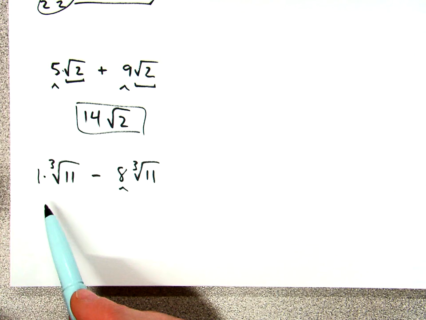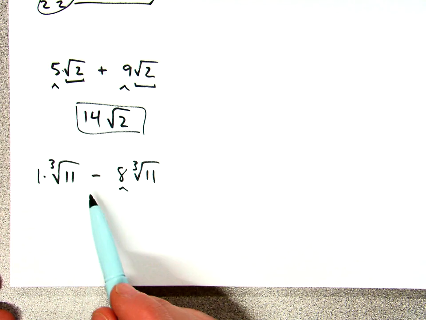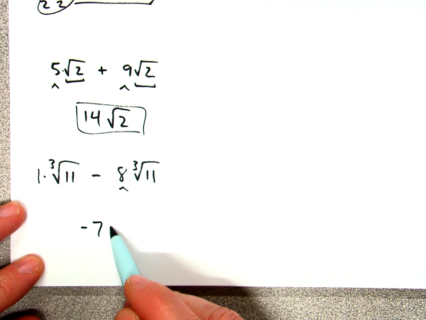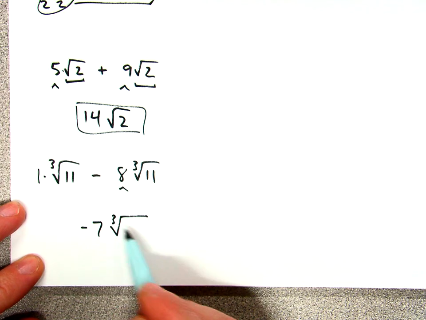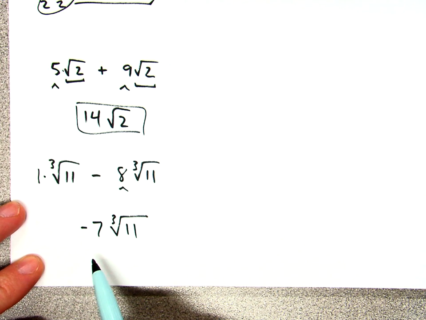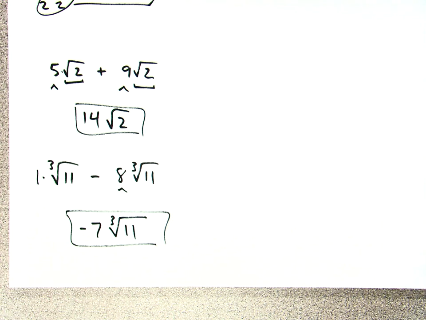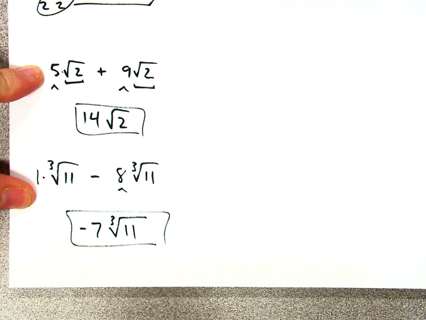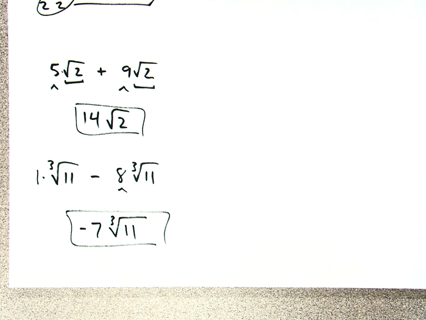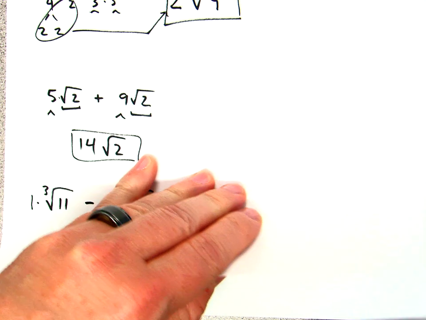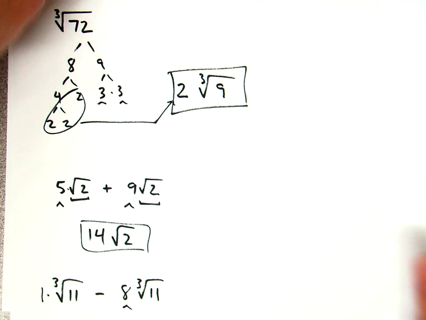We have 1 cube root of 11 minus 8 cube roots of 11 would be negative 7 cube root of 11s. And 11 is prime. It's not going to reduce. So remember, adding and subtracting roots, the roots have to be totally identical. If they're not identical, we can't add them together. So let's try something else.